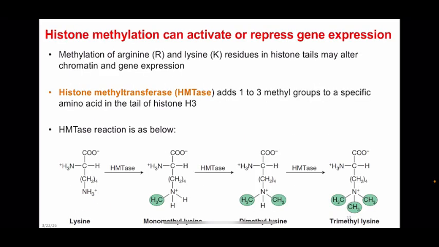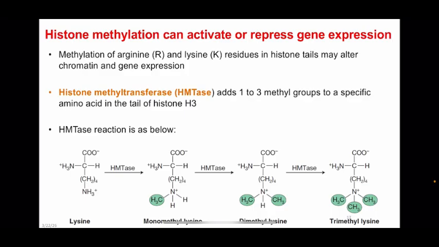So histone methylation can activate or repress gene expression. I think I've said this as well. Depending on the lysine residue you are methylating, you can either activate or repress. So as I said, if you are methylating K9, K27, you are going to repress gene expression. But if you are methylating K4 and say K14, you are going to activate.